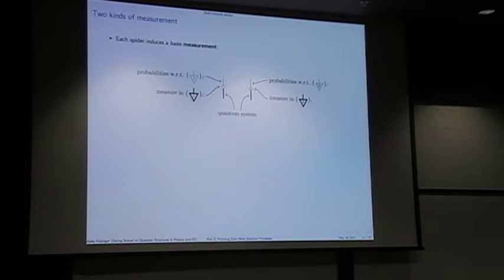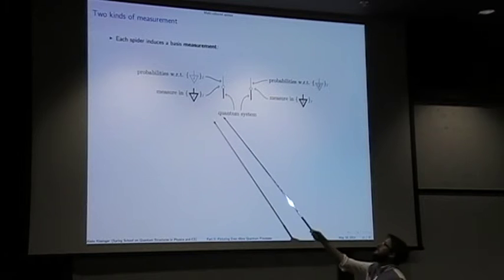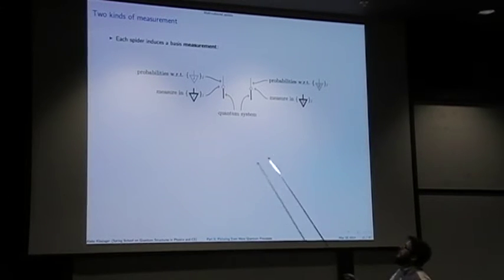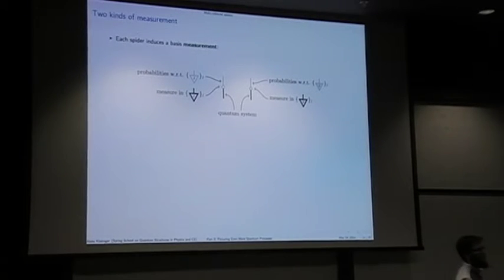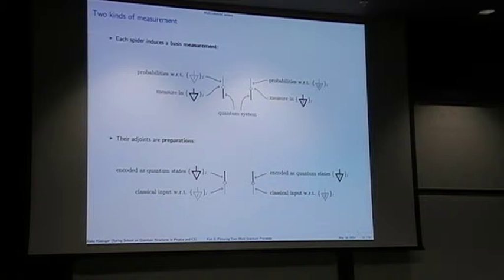But mathematically, we could just do everything in one basis, which means we would have a bit of ugliness. We'd have to do something else here, right, to get everything uniform. It turns out a lot of things are just much more elegant this way, to allow different colors of classical wires.